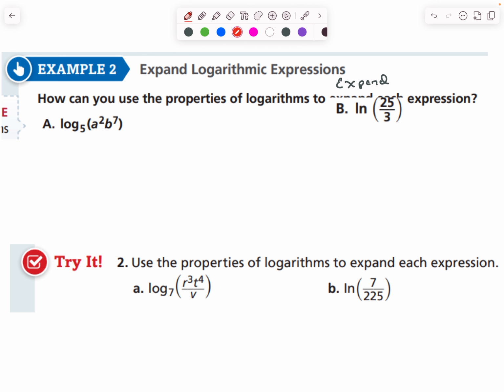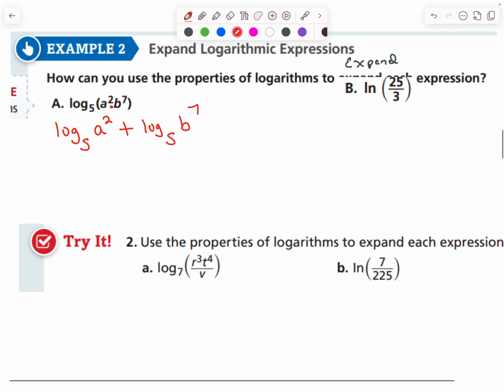First of all, I see log base 5 of a squared times b to the 7th. The first thing I'm going to do with this expression is separate the multiplication into addition. I'll get 2 expressions: log base 5 of a squared plus log base 5 of b to the 7th. So multiplication expands into addition.